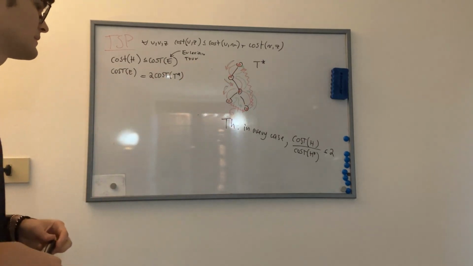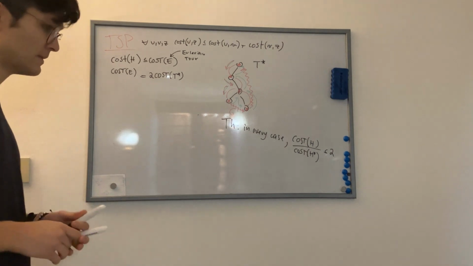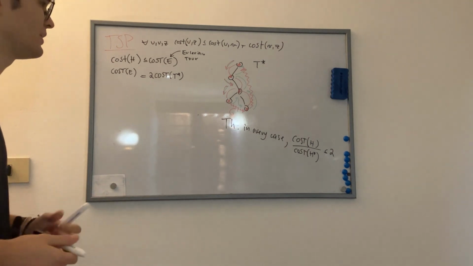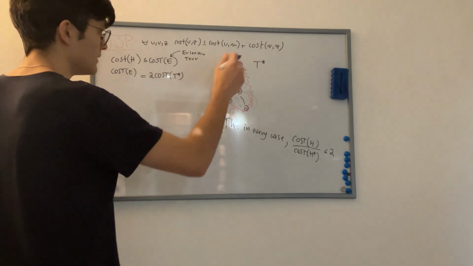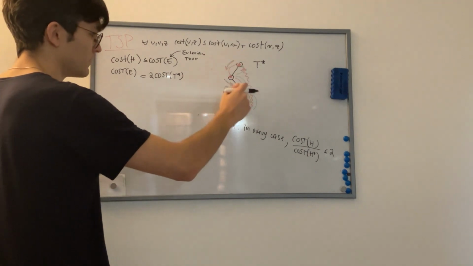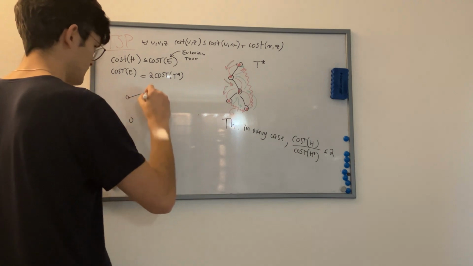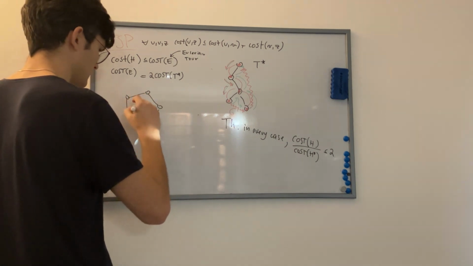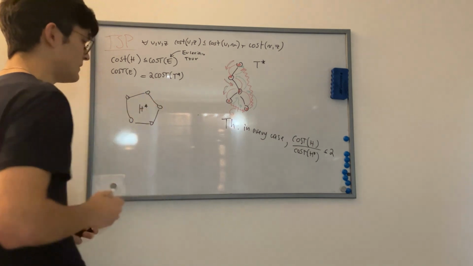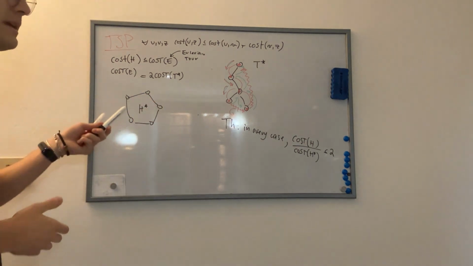So that's always true. Then another thing that we can say is that in this graph we have 1, 2, 3, 4, 5 nodes. So our, let's say, optimal Hamiltonian cycle will look something like this.